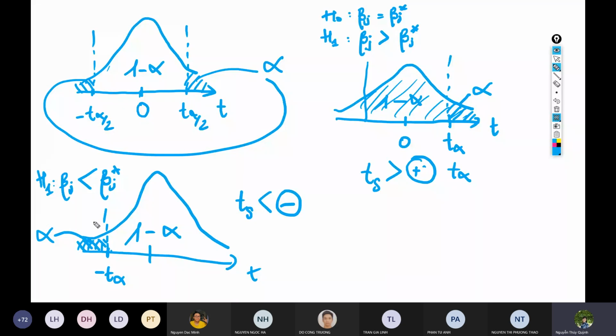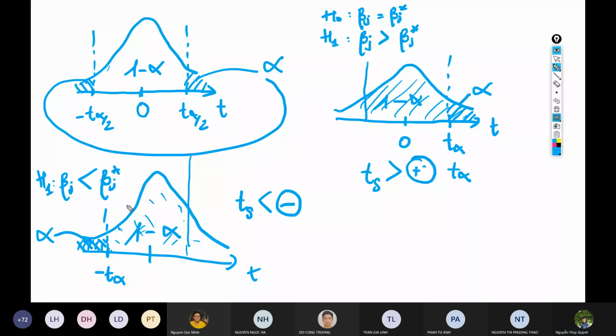If this one is a positive number, then the region of rejection will be a very big area, and that is not correct for the rejection zone. The rejection zone, or the region of rejection, is the area that has a very small value.